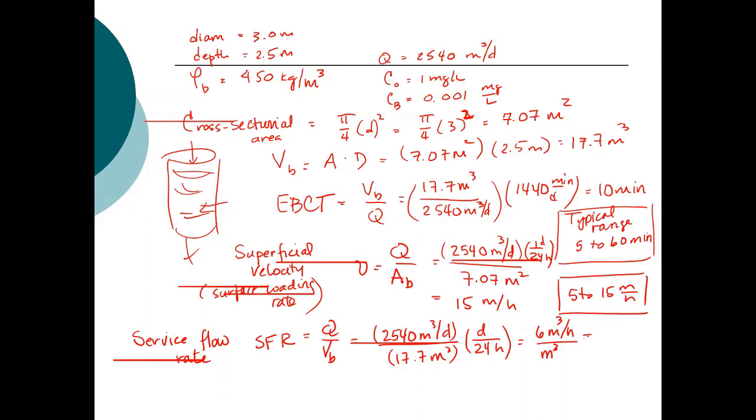This then is typically reported as bed volumes, so 6 bed volumes per hour. And that's typically the way you'll see this service flow rate reported for a GAC. When we talk about ion exchange, you'll see it's also used for ion exchange. And the typical range is 1 to 12 bed volumes per hour.